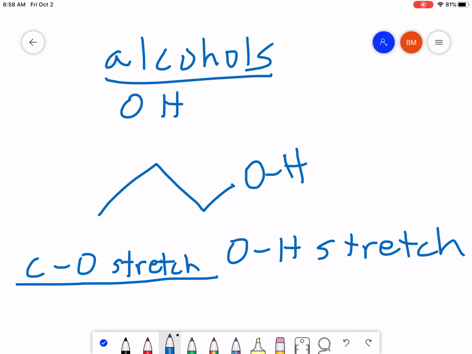Again, we don't really have to look at it for alcohols, but it does appear. These peaks usually appear between 1,300 to 1,000, and they appear as a pair of peaks. And usually they stand out a little bit amongst the regular fingerprint region noise.